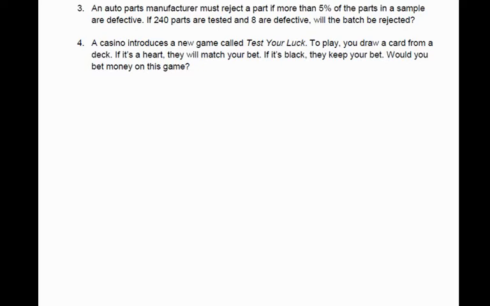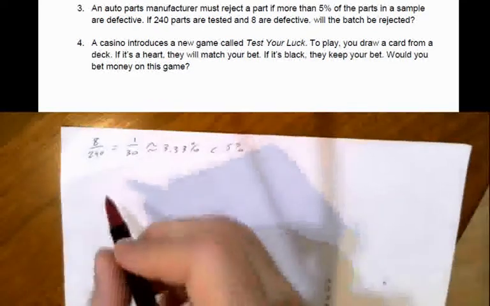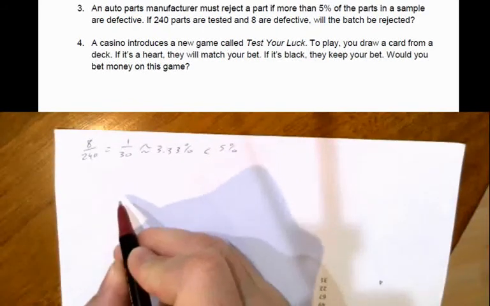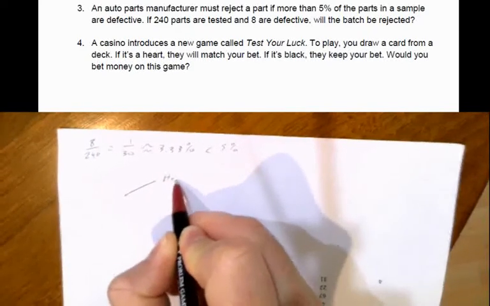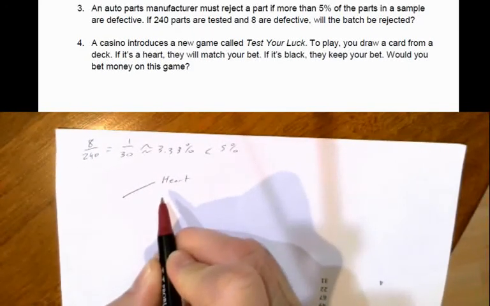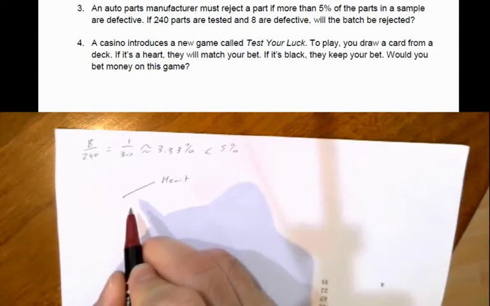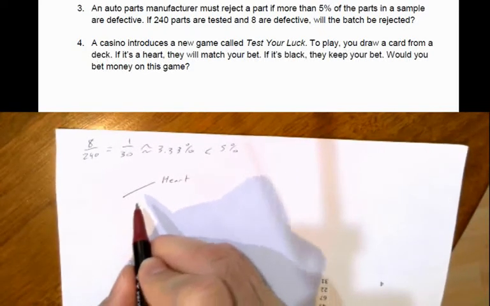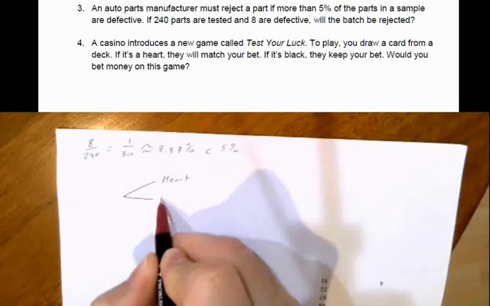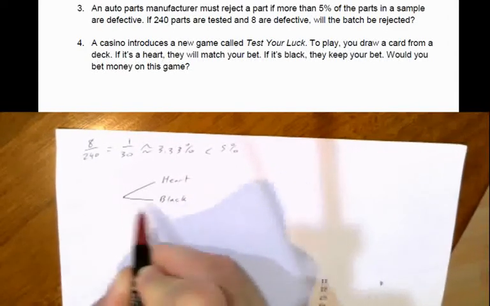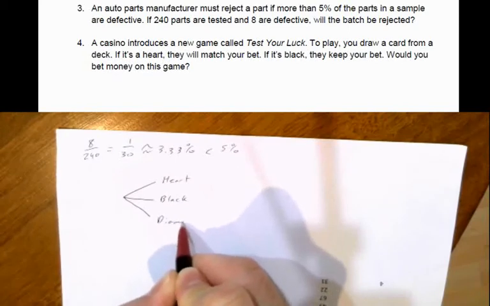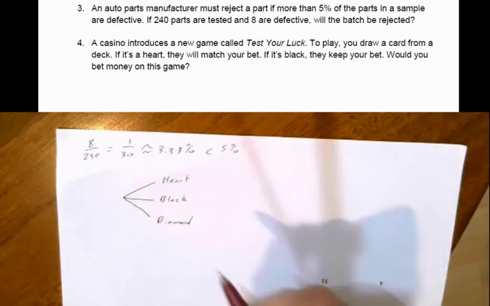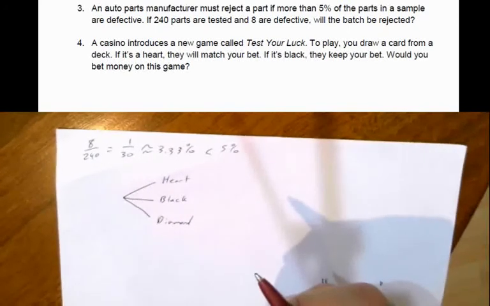So let's do a small little probability tree just to figure out how this works. A card is drawn. It's either a heart, black, or the other type of red suit, a diamond, which in this case they don't say what happens.